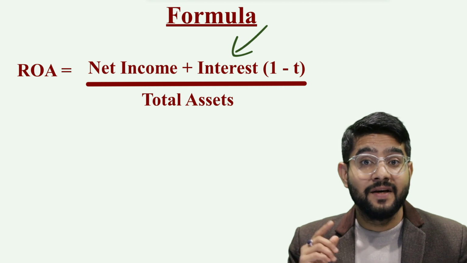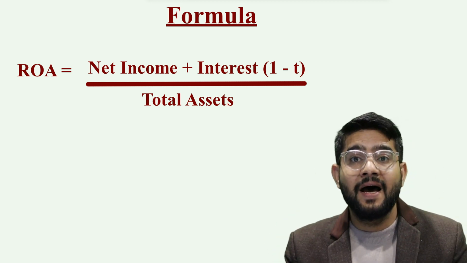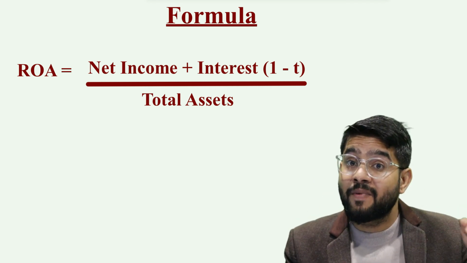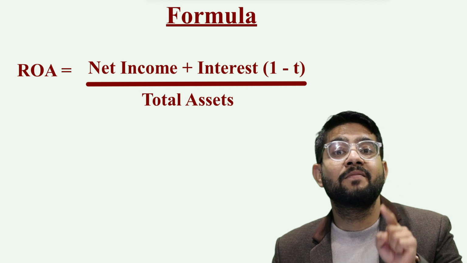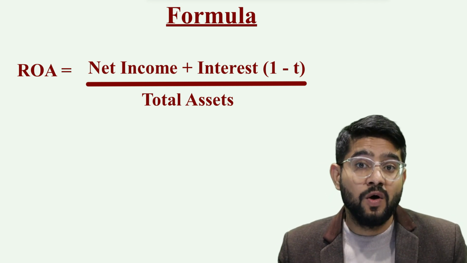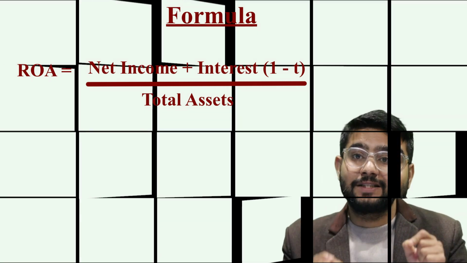This is because the other component, total assets, is financed not only by the money of the owners but also by the money invested by the lenders or debt providers of the company. So when we say return on assets, that means return on total assets.